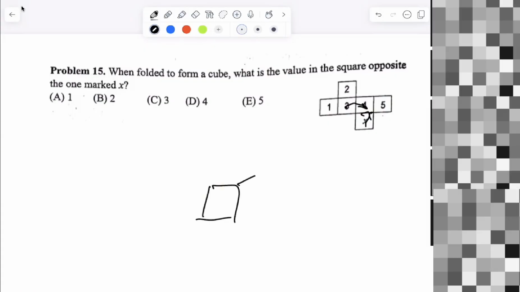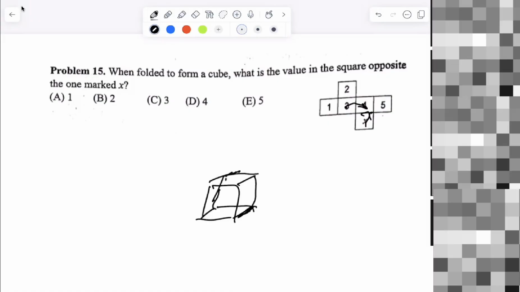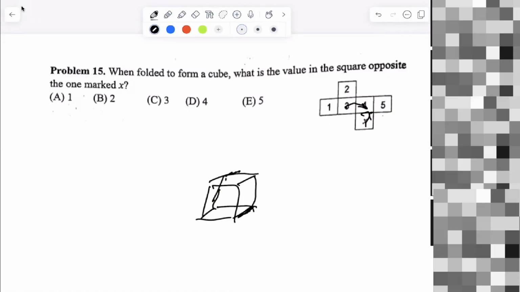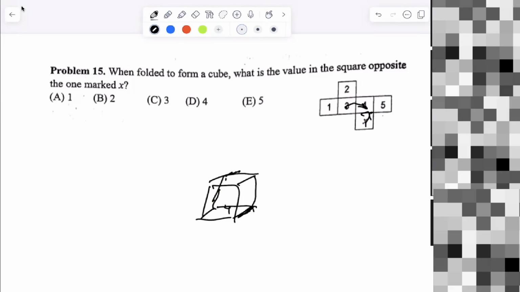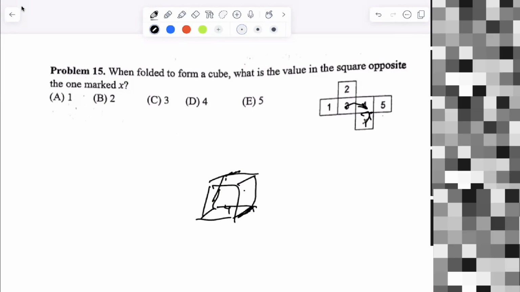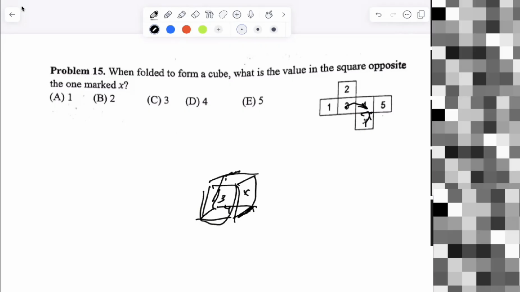So we draw the cube. When we flip it, we have 4 at the bottom, x over here on the side, and 3 as the center face over here.